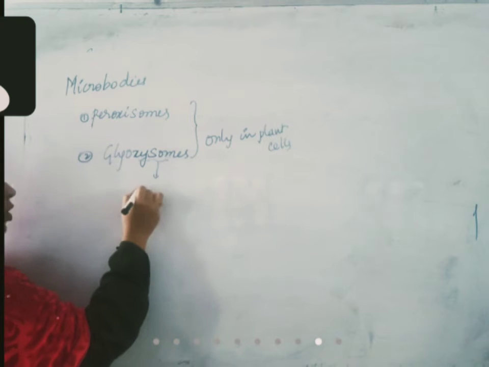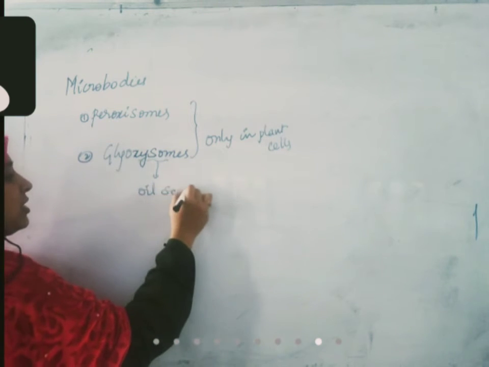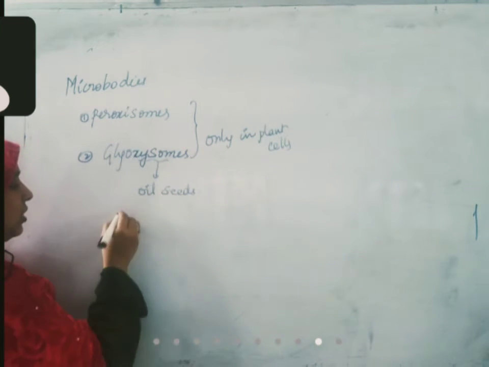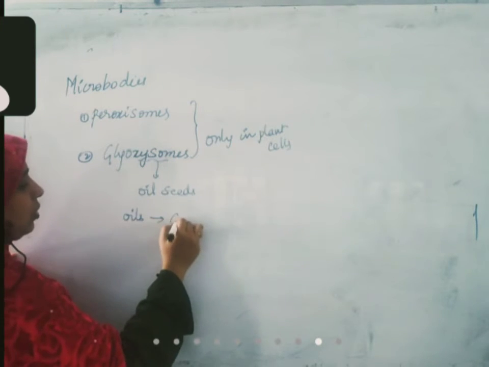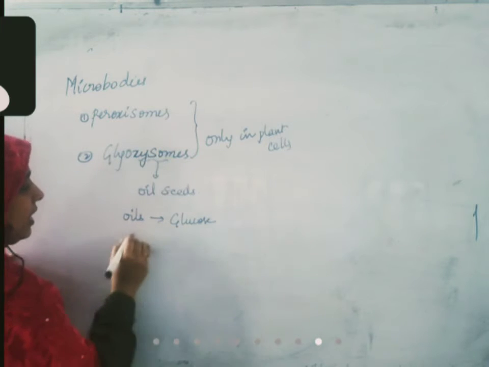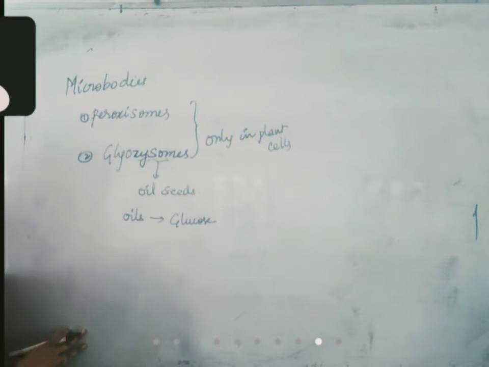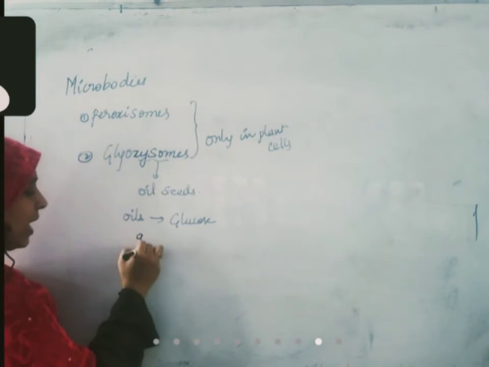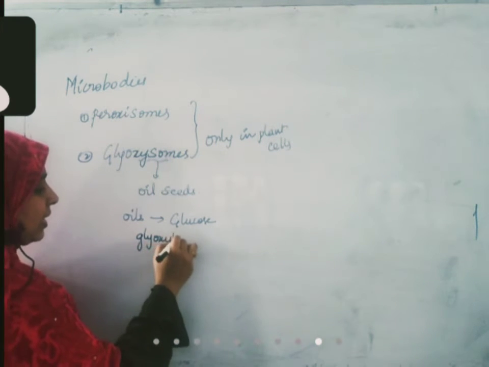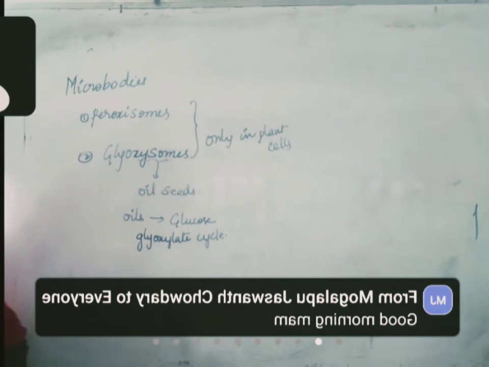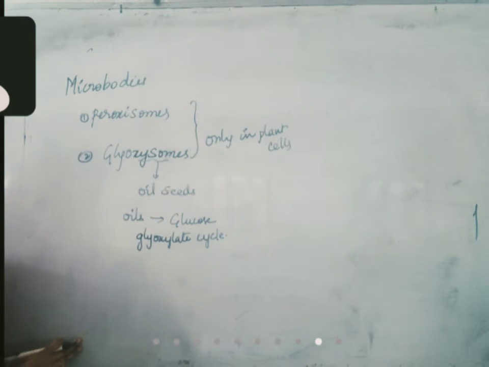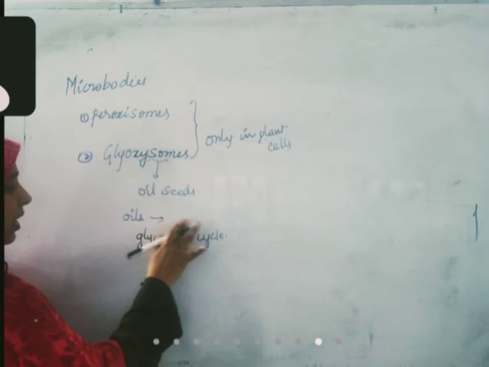Glyoxysomes are present in oil seeds, oil-rich seeds, and their function is to convert the oil that is present into glucose. There is a cyclic event that operates for this function, and that is called the glyoxylate cycle. The glyoxylate cycle operates to convert oil lipid molecules to carbohydrate molecules. Not only glucose, it can be any carbohydrate.